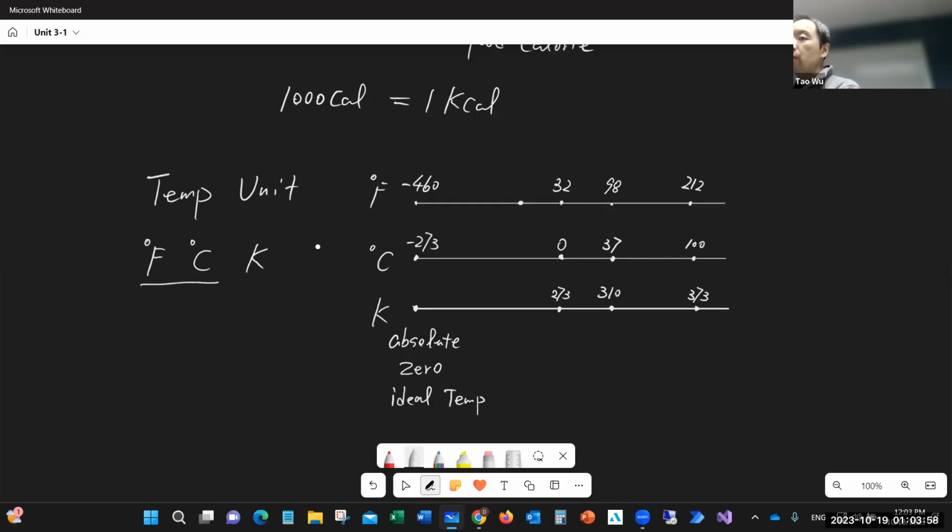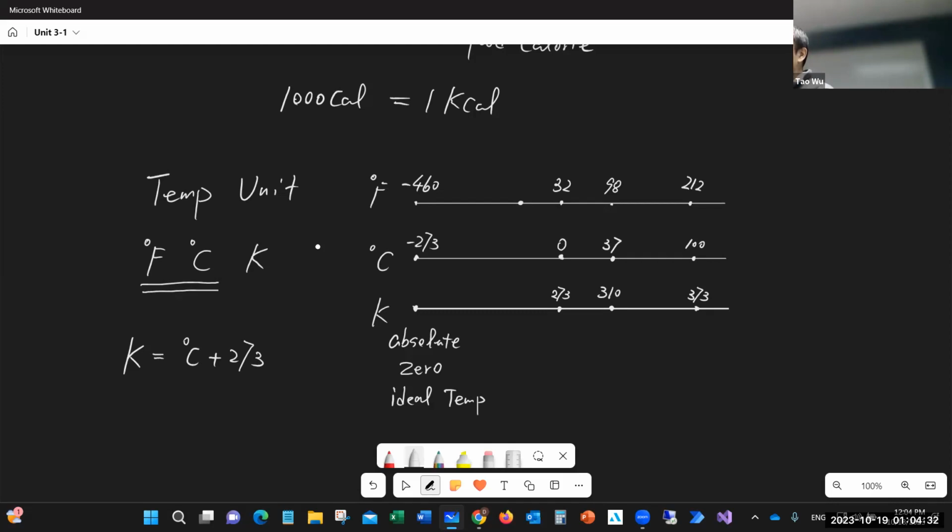You don't have to remember the conversion between Fahrenheit and Celsius, but right now you do need to understand how to convert Kelvin to Celsius. The temperature in Kelvin is equal to the number of Celsius plus 273. That's it, pretty straightforward.